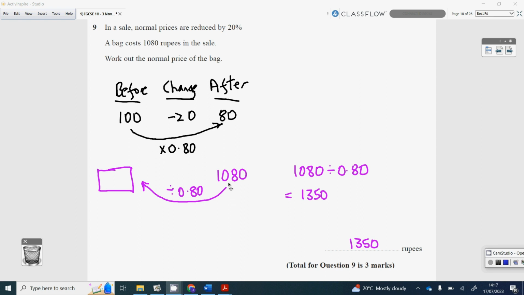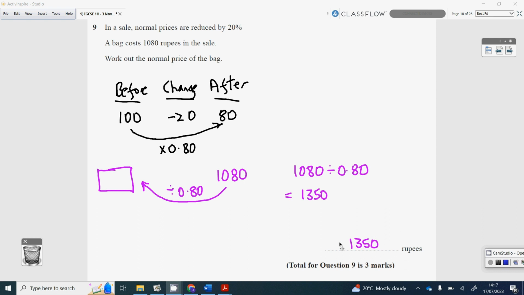Similarly, if we're going from after to before, we have to do the inverse. We would have to divide by 0.8. Now, on this particular question, we're told the price of the bag after the sale. So that 1080 goes in the after column. So to get the normal price, the original price, we're going to have to do 1080 divided by 0.8 equaling 1350.